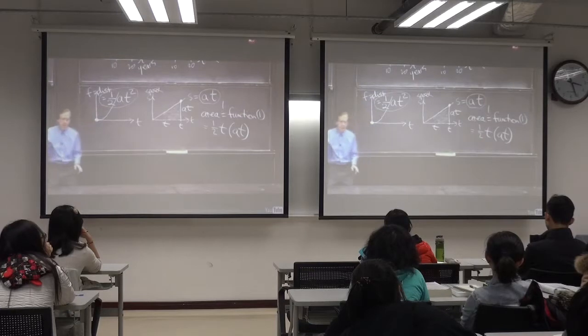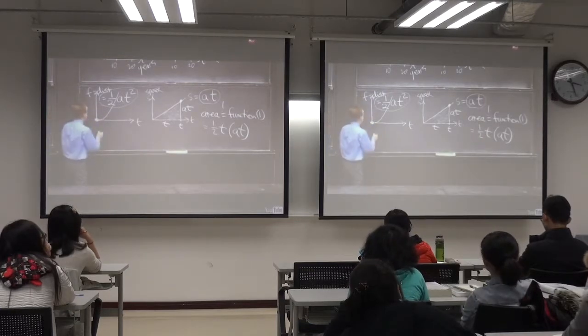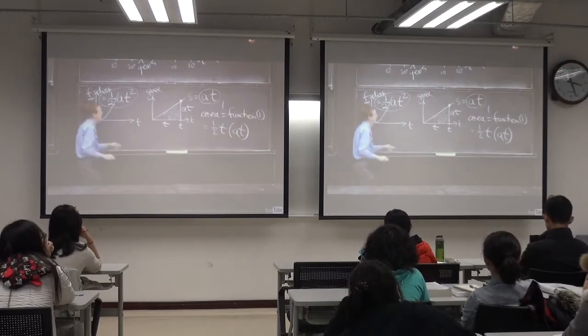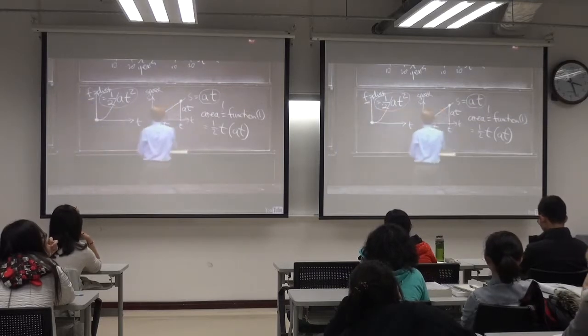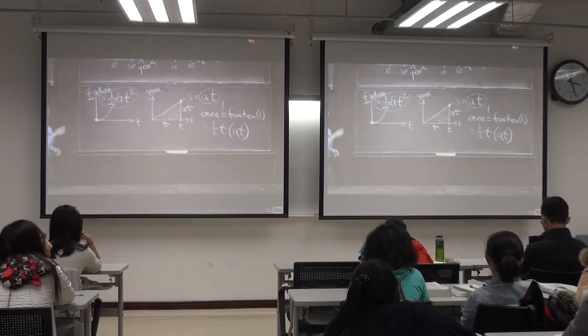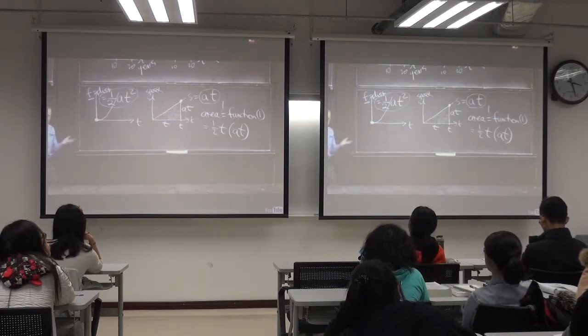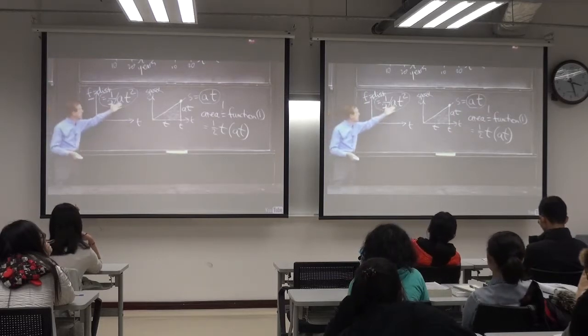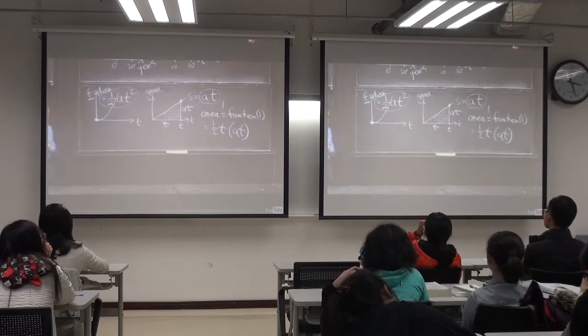If I go back to the first letters that I mentioned, if this is my function f, then this is my function, and notice what kind of a curve that is. Do you recognize that with a square? That tells me it's a parabola.